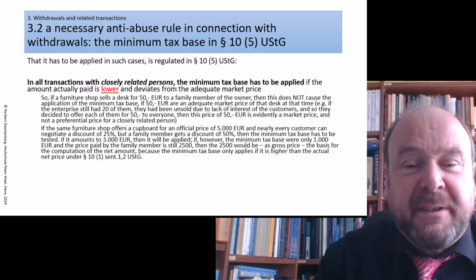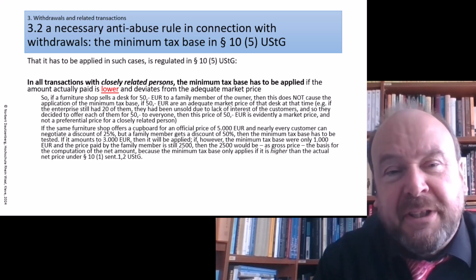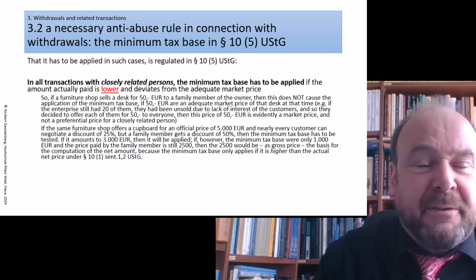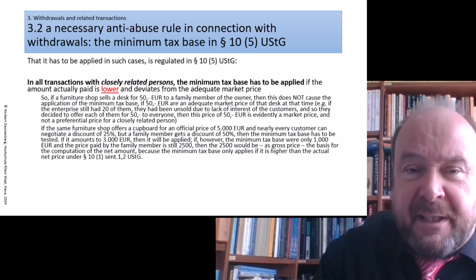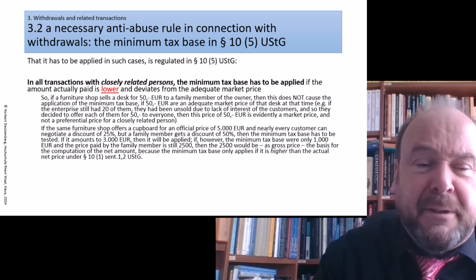Now imagine every customer can, if he or she knocks a bit on the door and negotiates a bit, obtain a discount of 25%. Then an adequate market price would probably be 3,750, because everybody pays that.